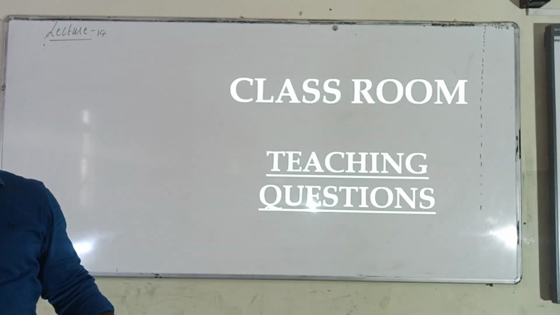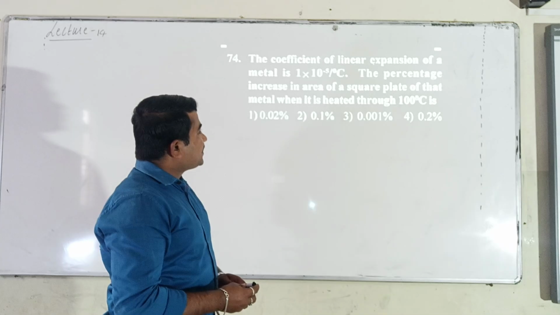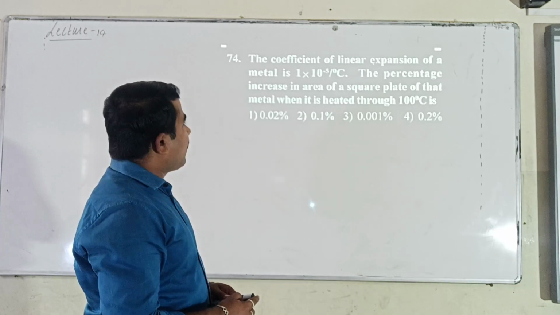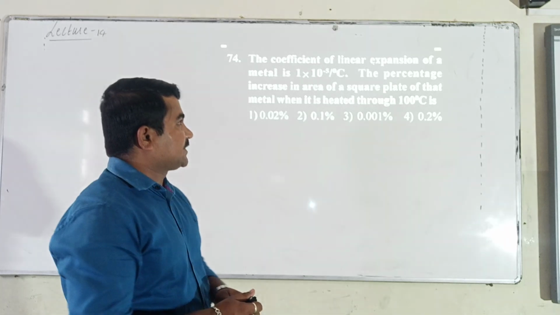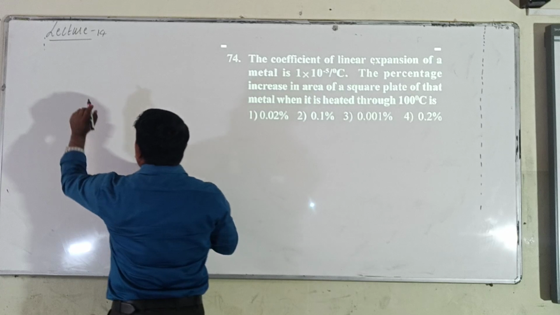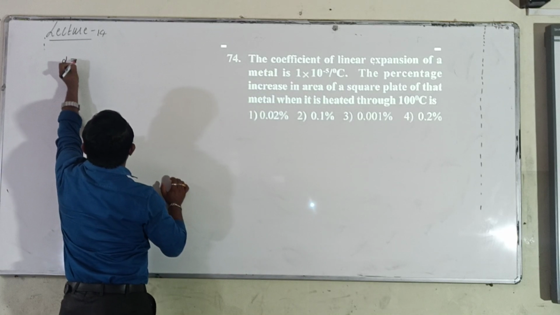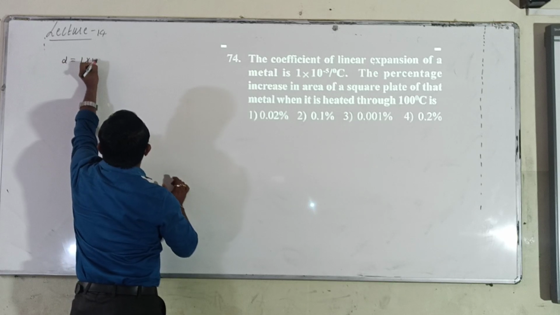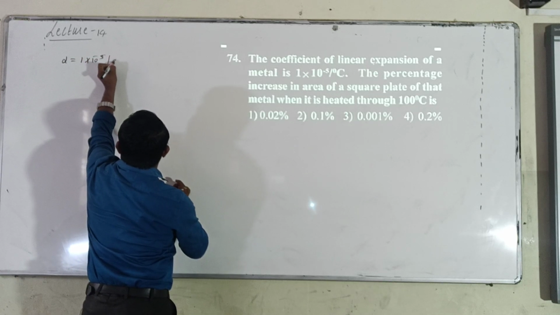Let us go to the first numerical. The coefficient of linear expansion of a metal is 1 into 10 raised to minus 5 per degree Celsius.